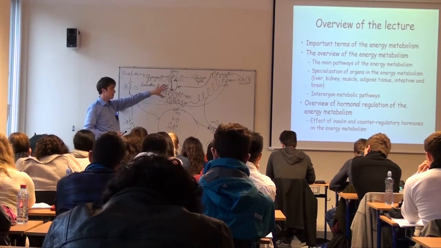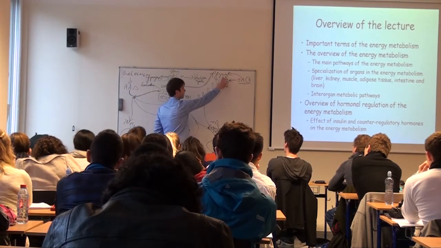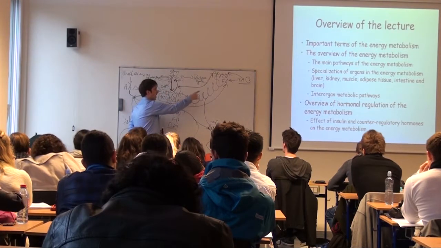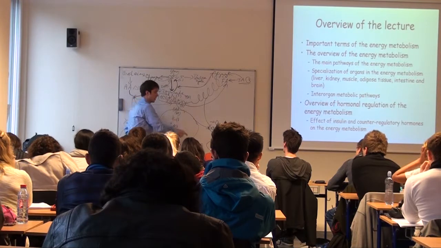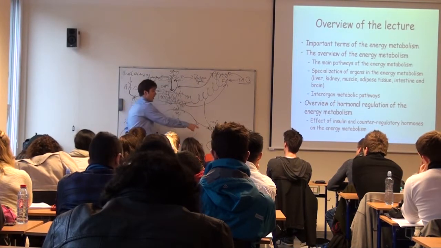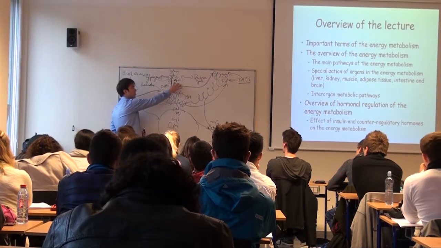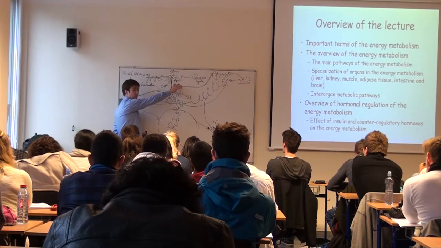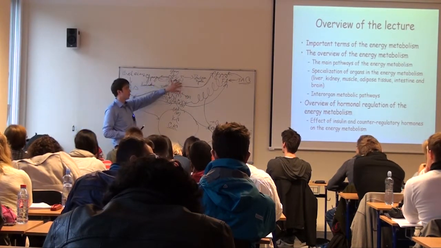And to have energy for this process, in liver you degrade fatty acids in beta oxidation. You produce acetyl coenzyme A that is degraded and you produce energy. And this energy is then used in the Krebs cycle and in gluconeogenesis. So in liver, all these pathways are active.